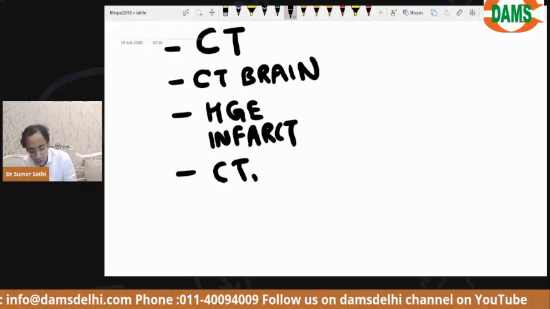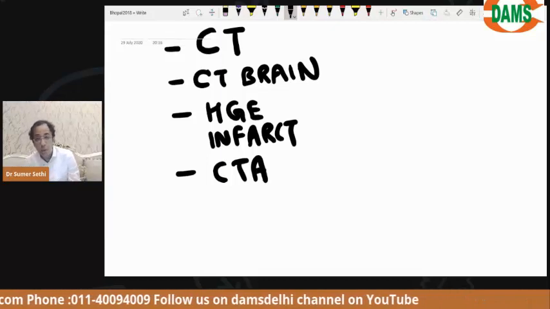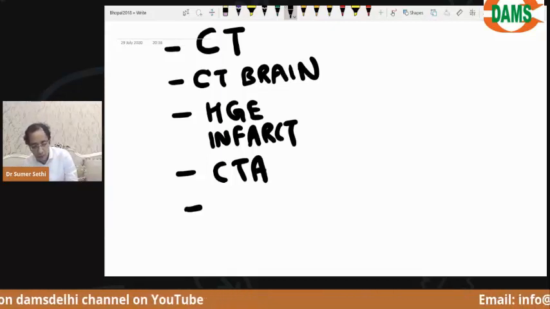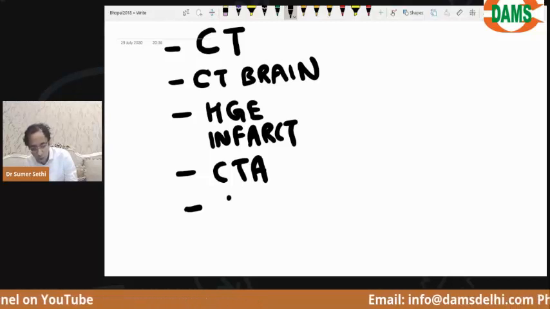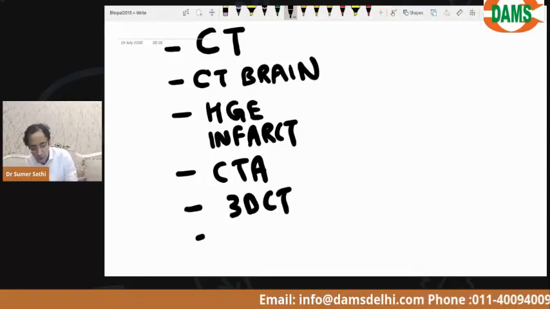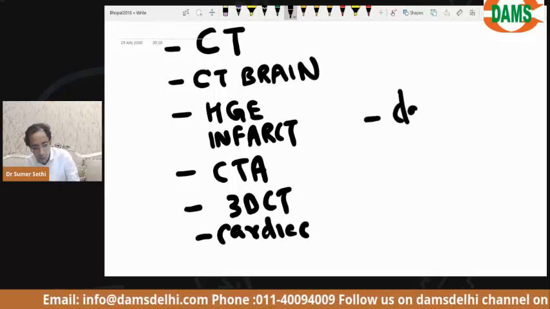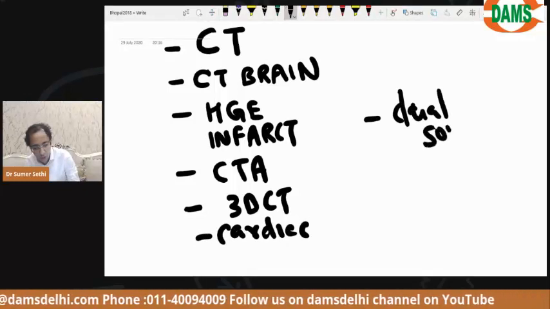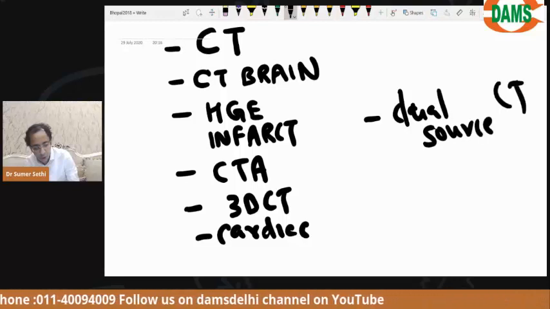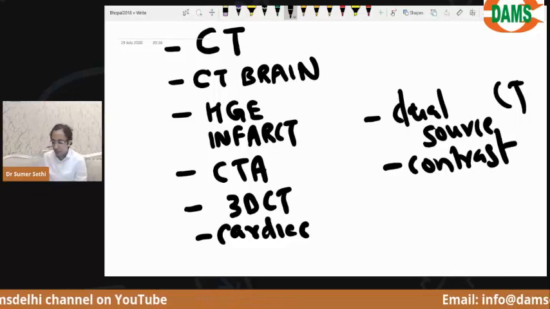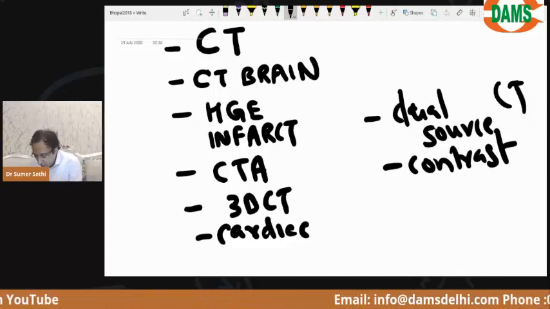I taught you about CT angiography and common conditions that you need to know, like aortic dissection, pulmonary embolism. Then I also taught you 3D CT, cardiac CT, dual source CT, and the role of dual source CT in gout today. And I also taught you about the contrast material that we use in CT.